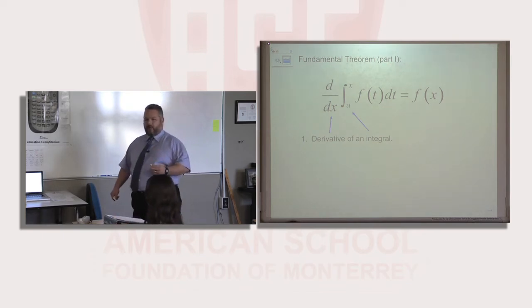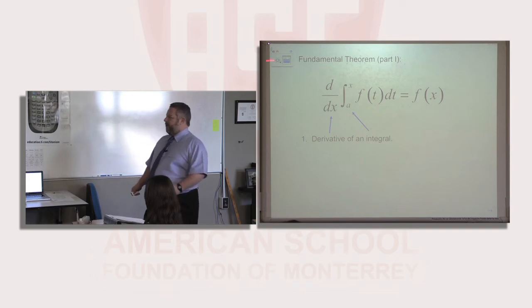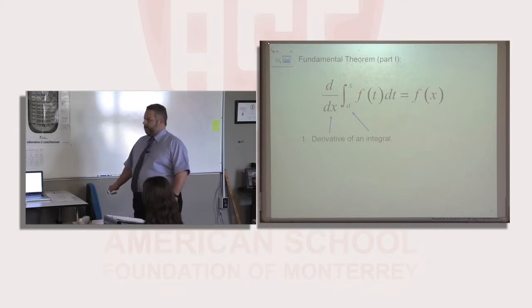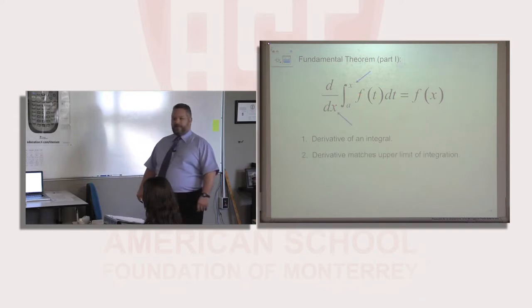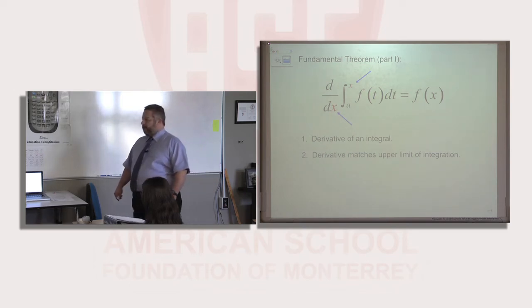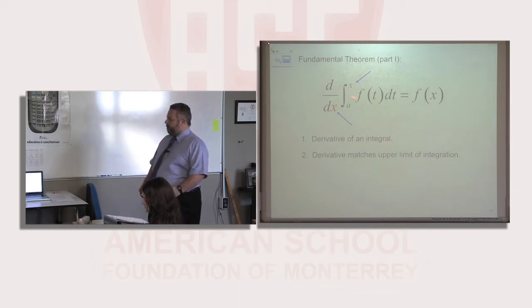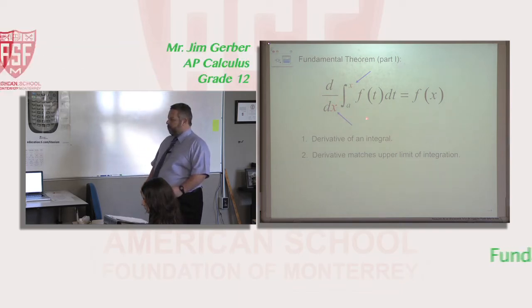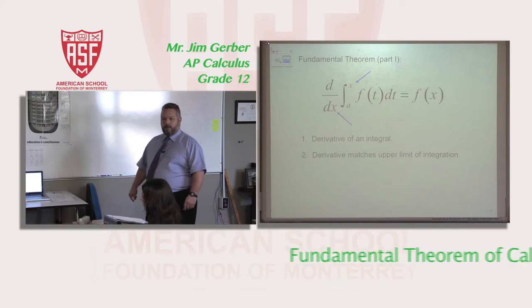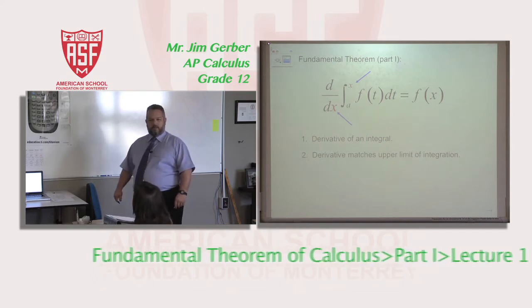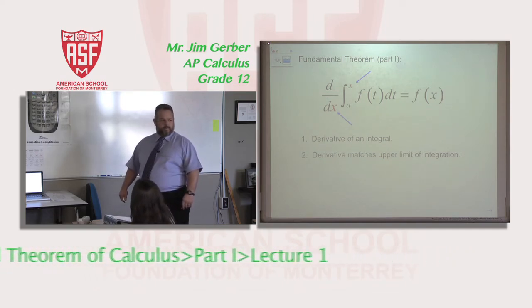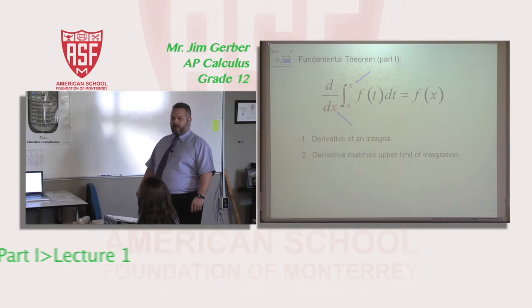Second thing that has to be true in order for us to use this is that we're differentiating with respect to x here, and my upper limit of integration is x. In other words, the derivative has to match the upper limit of integration. Third thing is that the bottom limit of integration is a constant, right?